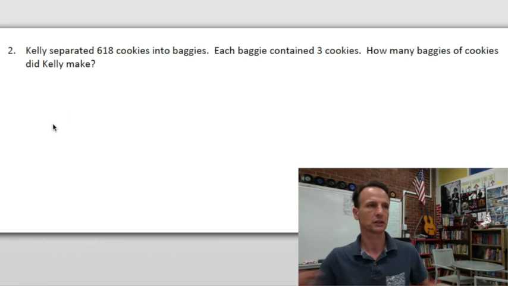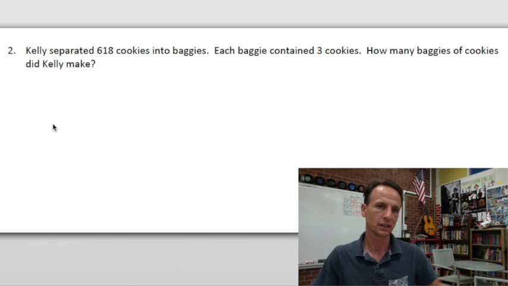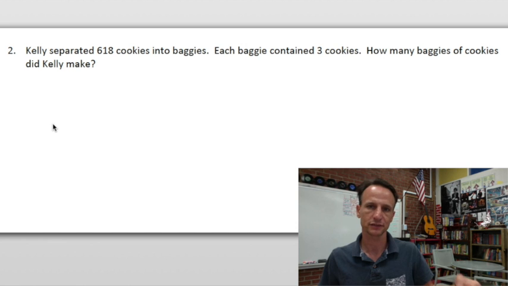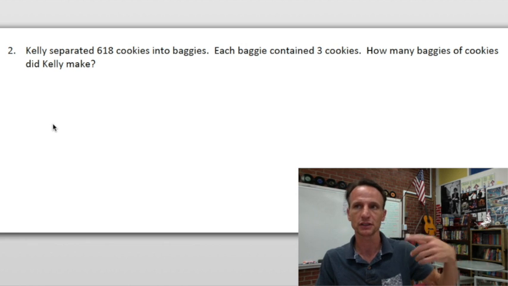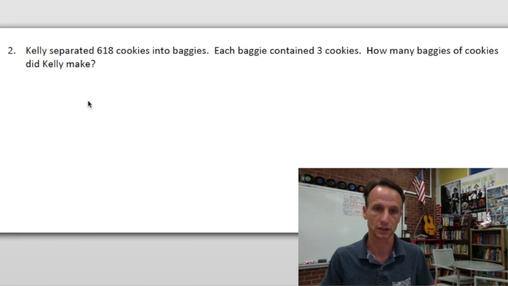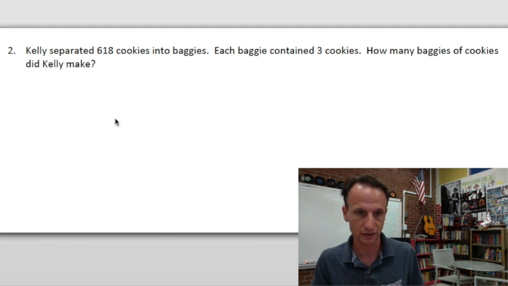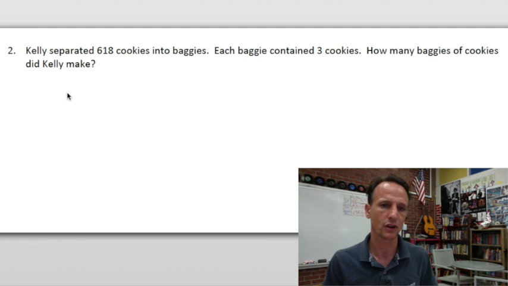You might have boxes of cookies and you just start bagging them up, 3 each for the kids, and then you say, gosh, do we have enough bags of cookies here, or baggies, as they say. I don't know where we get baggies from, but do we have enough baggies of cookies? And you just, instead of counting them, which will take a long time, be prone to error, you just do the math.